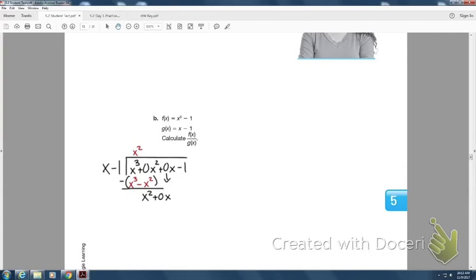X squared divided by x is what? Multiply that over. X times x is x squared. X times negative 1 is negative x. Okay, and so the x squareds cancel. 0x plus x is x.